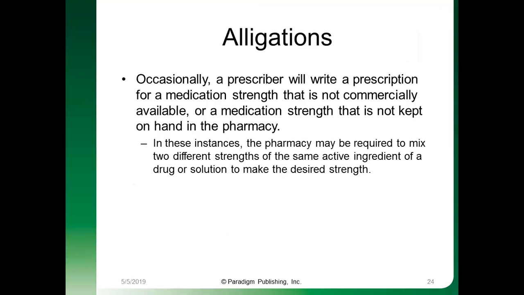Occasionally, a prescriber will write a prescription for a medication strength that is not commercially available, or a medication strength that is not kept on hand in the pharmacy. In these instances, the pharmacy may be required to mix two different strengths of the same active ingredient of a drug or solution to make the desired strength.